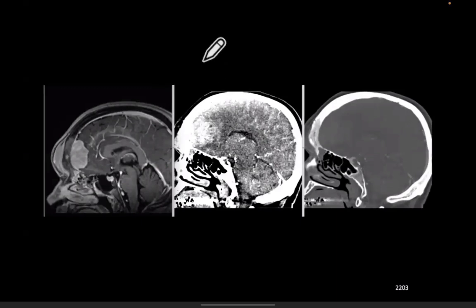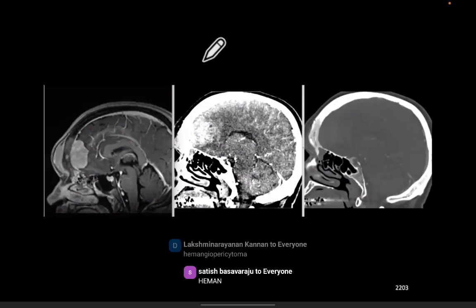Okay, how would you describe that lesion in the frontal lobe? Meningioma. Pott's puffy tumor, possibly, but this is actually a meningioma, and it's an intraosseous meningioma.